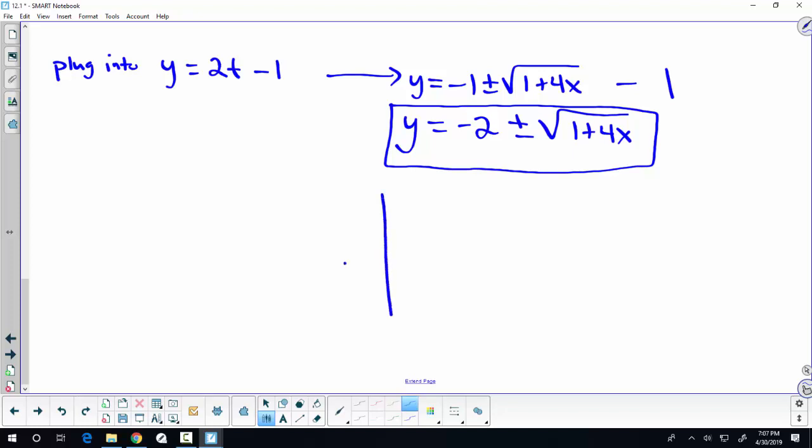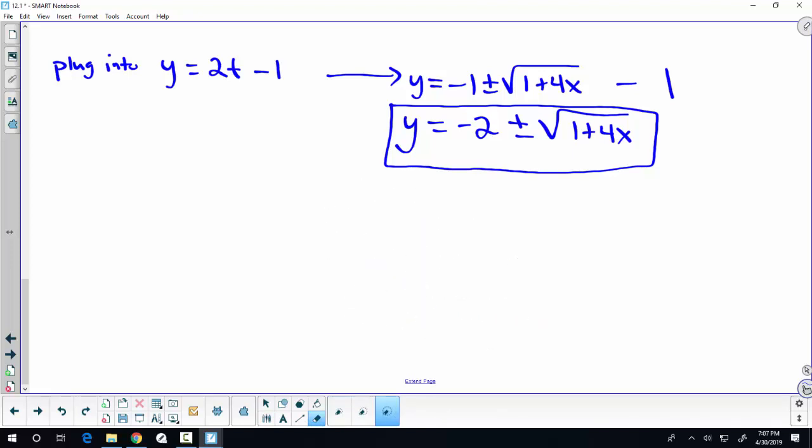So if we think back to this, our crummy graph that had those 4 points on it. And if we think about a positive root, a positive square root maybe looks something like this. The negative square root looks something like that, right? So I don't know if that's any better to look at an equation like that.